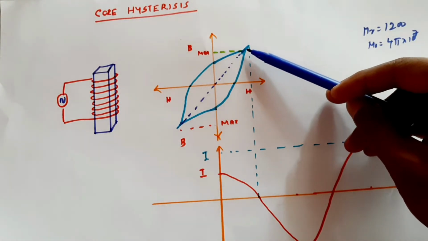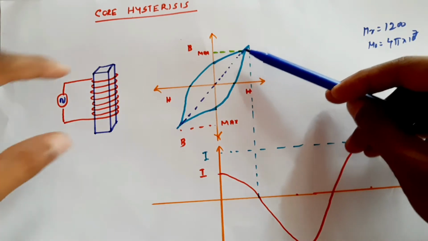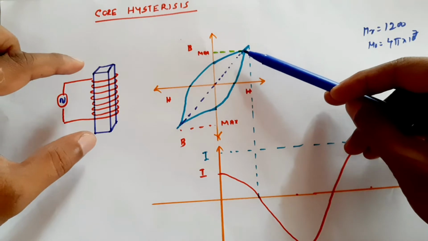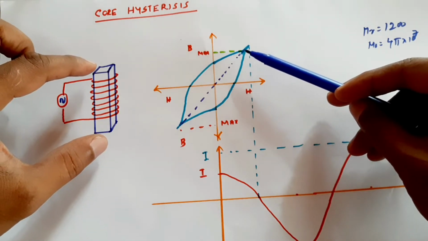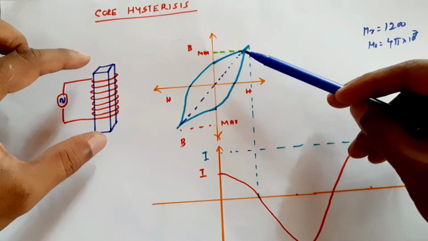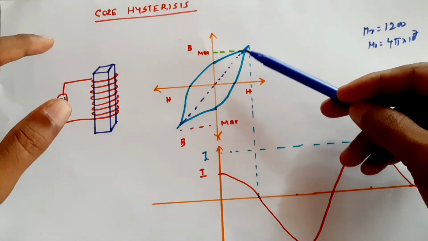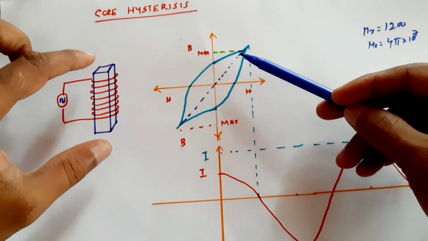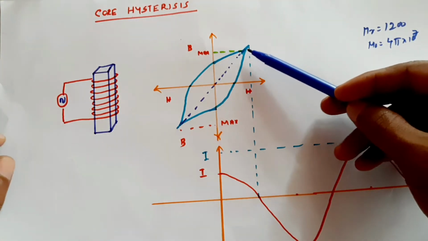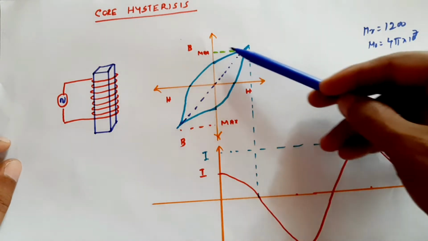And at this point the flux has reached its maximum value. If the current increases further, the iron is not able to increase the flux anymore because it has no space. That means it is already filled with flux. So it has reached its maximum flux.